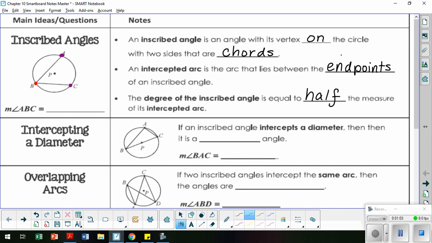Just like we said at the beginning, it intercepts the arc, so it's intercepting that arc right there. So the measure of angle ABC is going to equal 1/2 the measure of arc AC. I personally would rather write it as the measure of arc AC over 2.